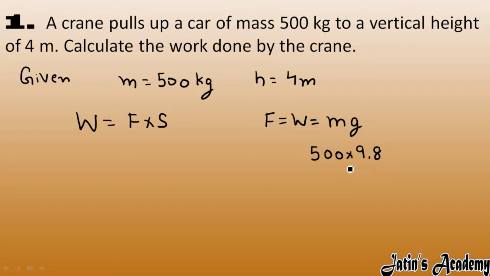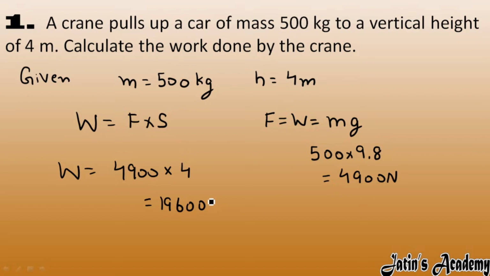So from this we got 4900 Newton. Now work done: force is 4900, and displacement in this case is the height up to which it is raised, that is 4 meter. Now multiply this, we will get 19600 joule.